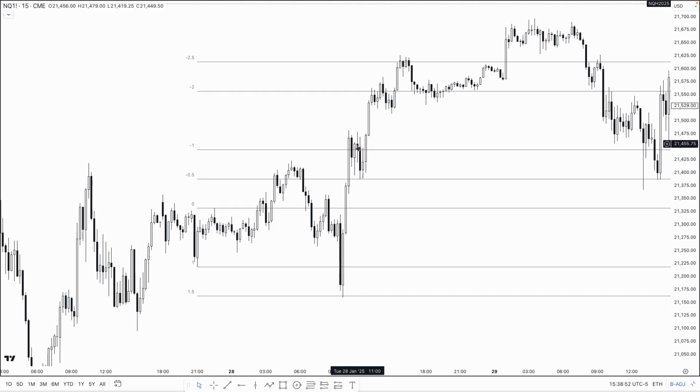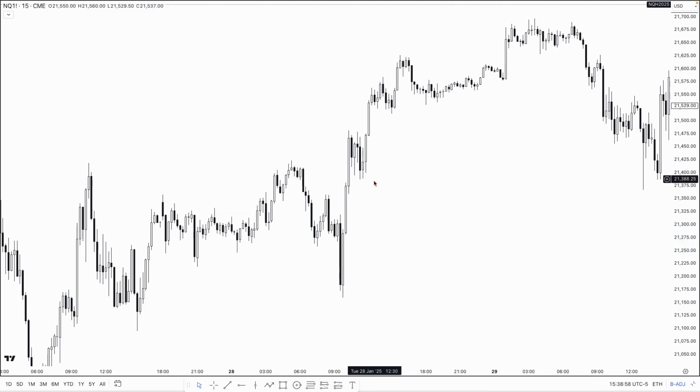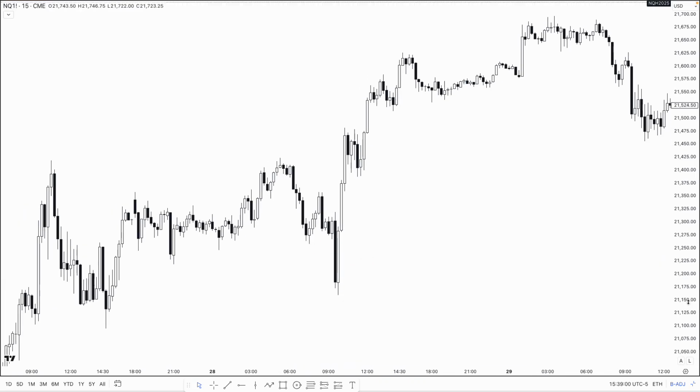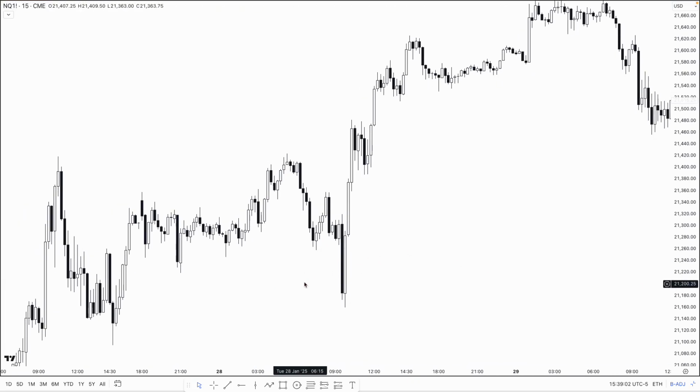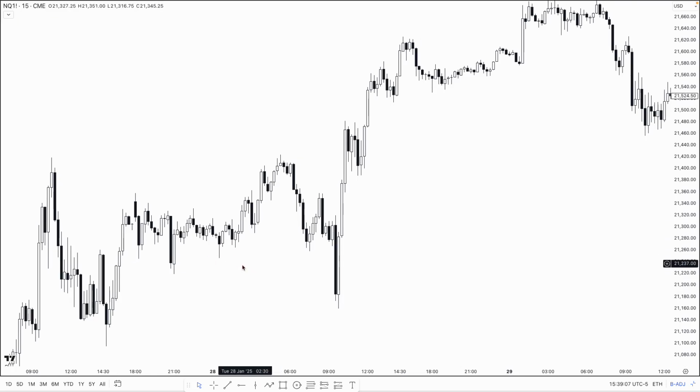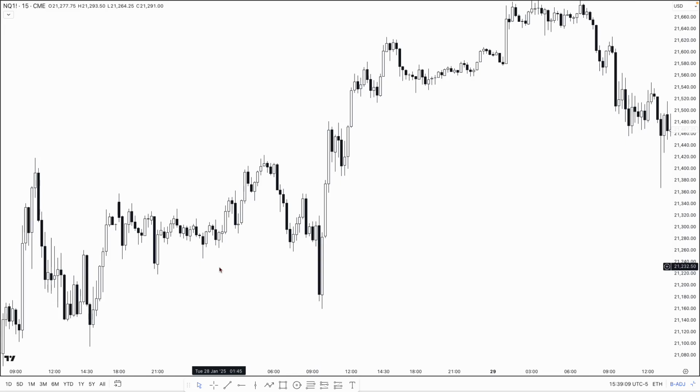And you can see how it constantly refers to each deviation. And this is how you can be using the defining range as areas to target or areas to look for reversals, your kind of key levels.